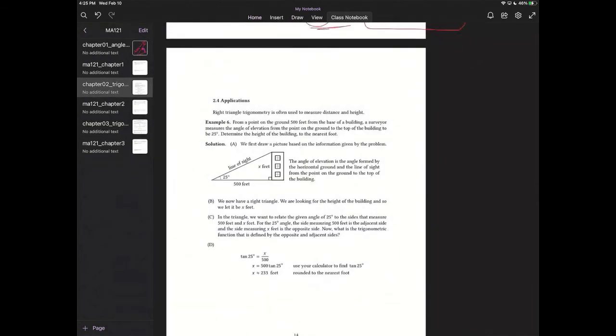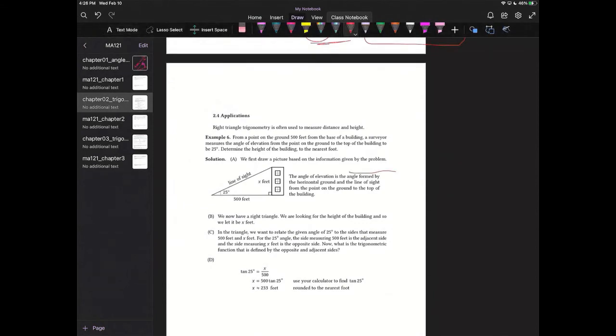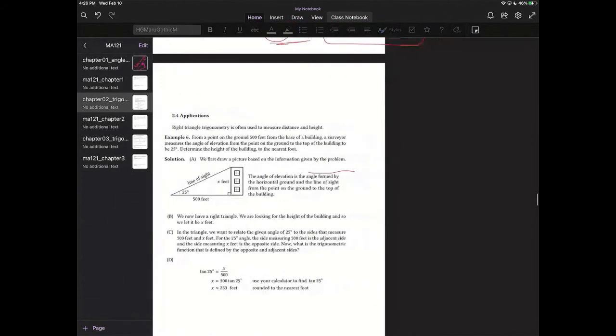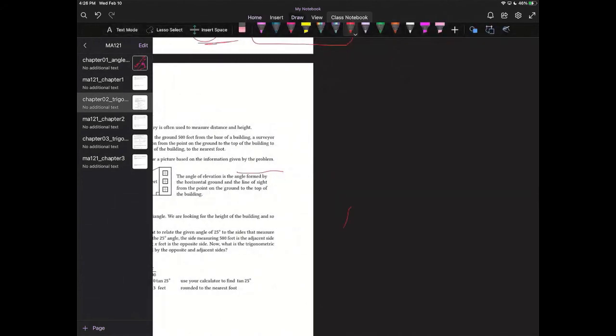In terms of applications for trigonometric functions, we can use what's called angle of elevation and angle of depression. This is an example already solved here. So imagine that you are somewhere, let's say on the street, and then you look up, right?